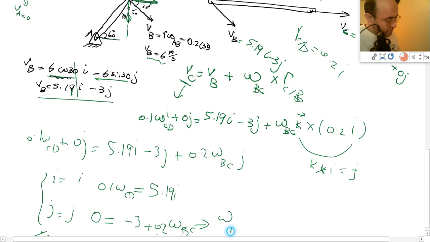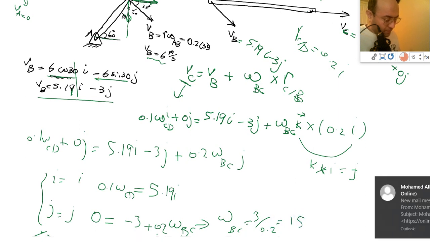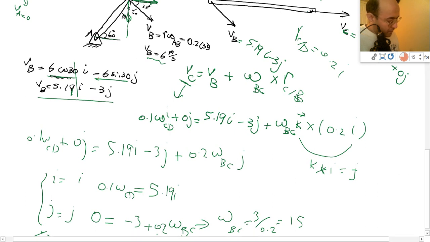Now from here, omega BC is equal to 3 divided by 0.2. This answer would be equal to 15, I guess. So that's 15. Then I can calculate the omega CD.